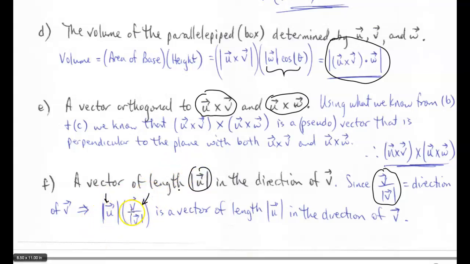So we just multiply those two things together, and that's the result that we get. So it'll just be the magnitude of u scalar multiplication with the unit vector of v.